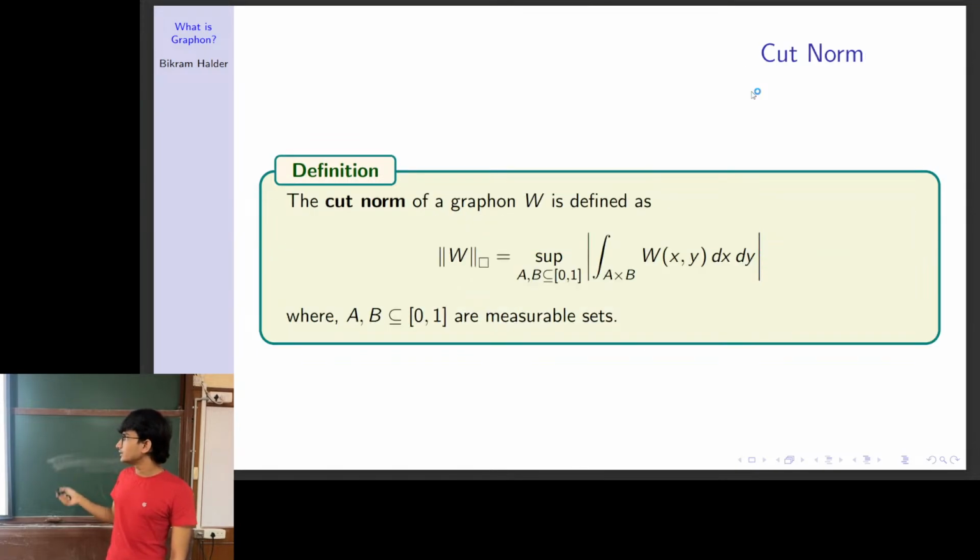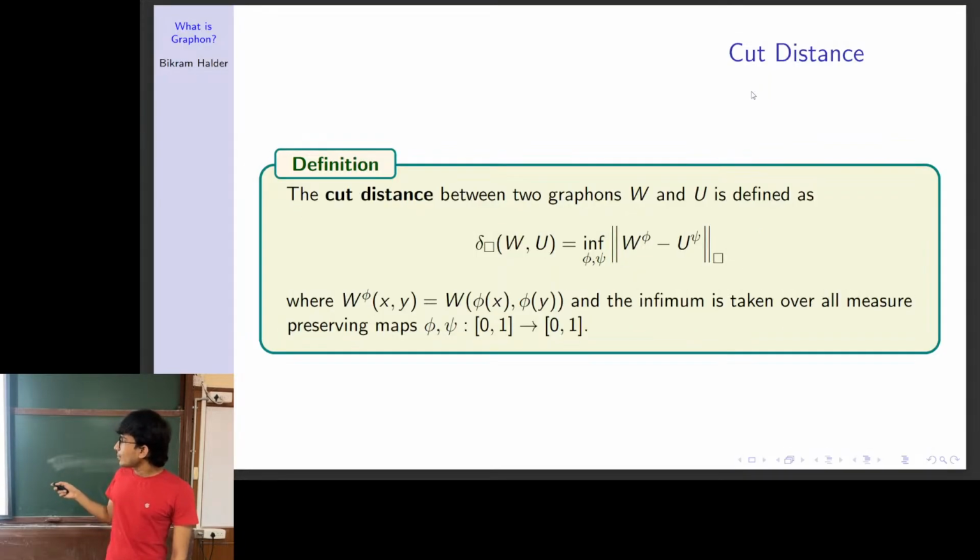So we define another thing called the cut norm. Basically, you integrate the graphon over all the measurable pairs and take the supremum. You can check that this is a norm, but with the identification that W is almost everywhere zero. And as we have the cut norm, we can define a distance.